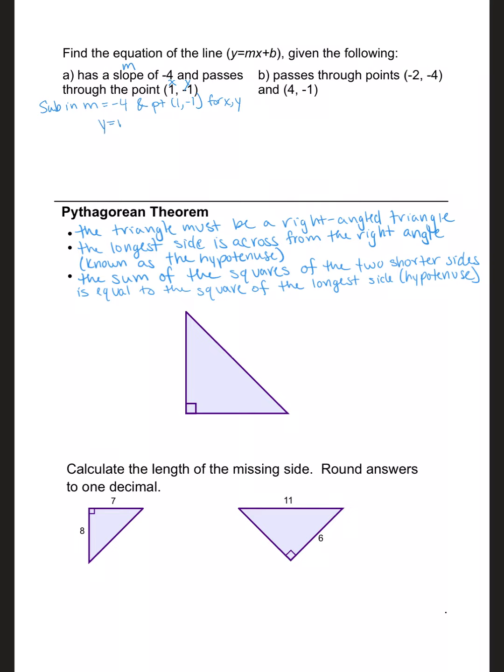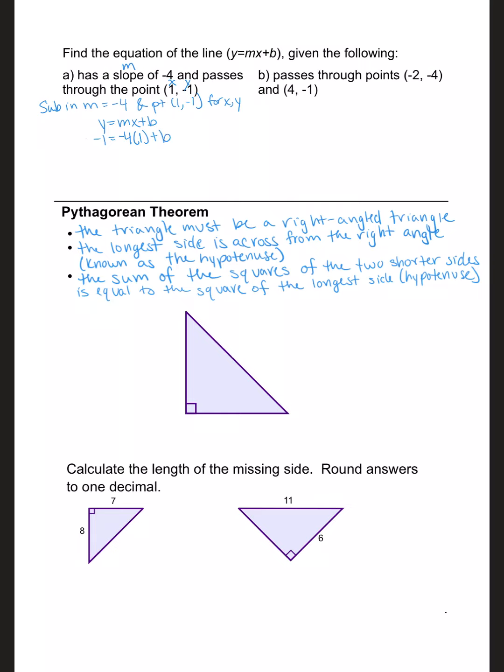So remember, the equation of our line is y equals mx plus b. So substituting in, for my y is a -1. In for my m, we said is a -4. And then I'll put some brackets to represent that multiplication happening between my m and my x. And then 1 for x plus b.